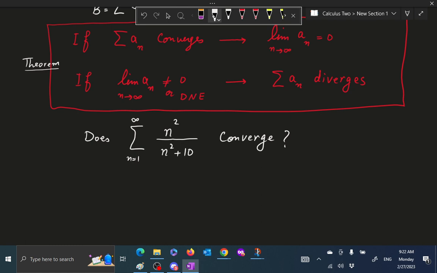So let's investigate the terms of the sequence that are building up this series. For example, if I put 1 in this, I have 1 squared over 1 squared plus 10. The next term is 2 squared over 2 squared plus 10. The next term is 3 squared over 3 squared plus 10.